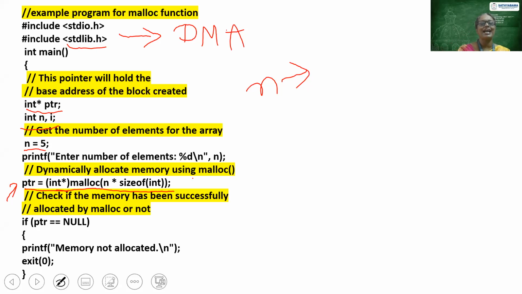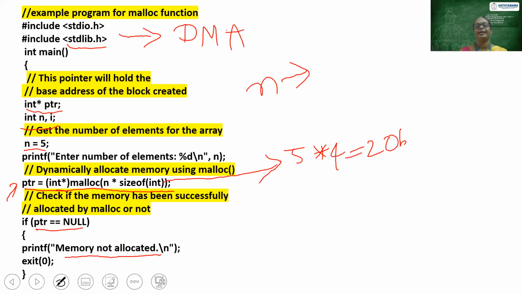Because n into 4, 5 into 4, 20 bytes will be allocated. I told you, if memory is not sufficient, definitely it will return the null value to the pointer. So at that time, if it returns null, automatically if pointer equal to null, it will say that memory is not allocated.